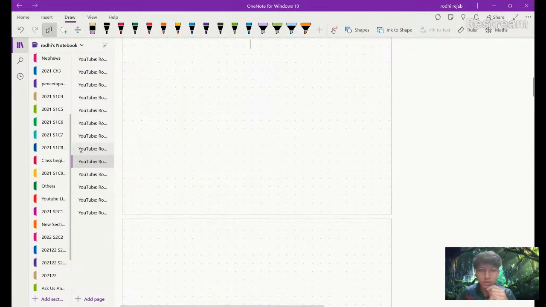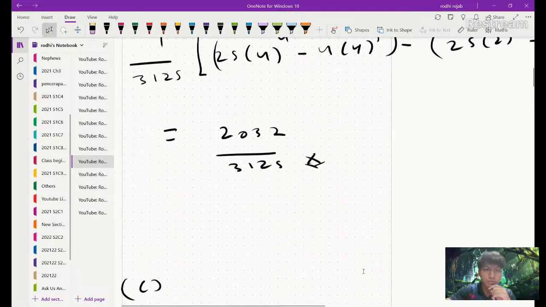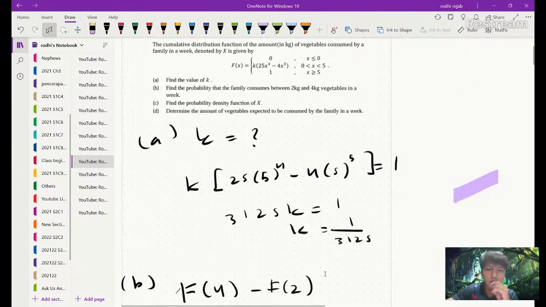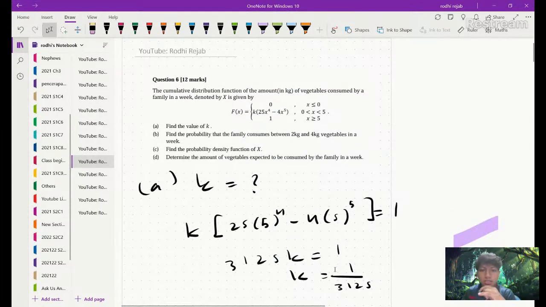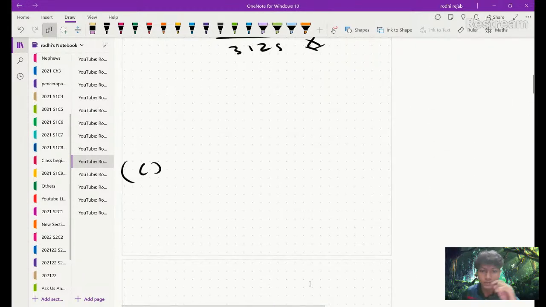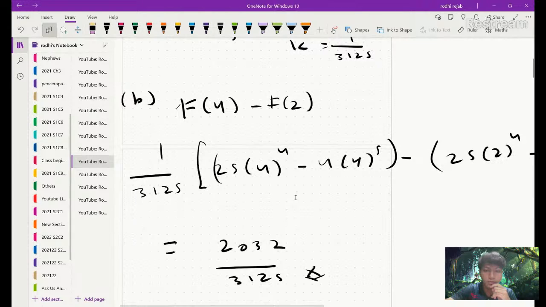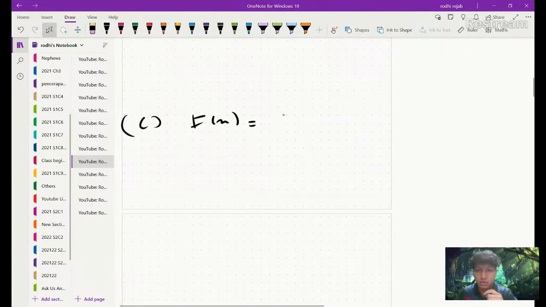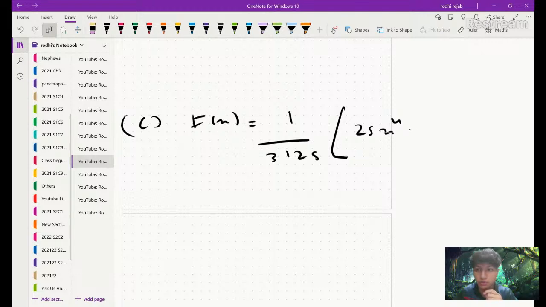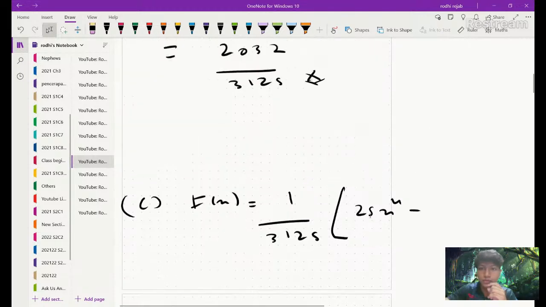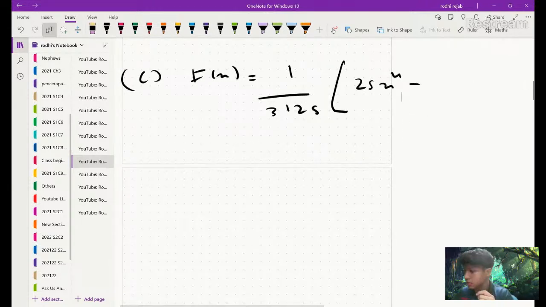For C, we have to find the probability density function of x, which means that to go from the cumulative function F(x) to the probability density function f(x), we have to differentiate the equation. x power 4 minus 4x power 5.